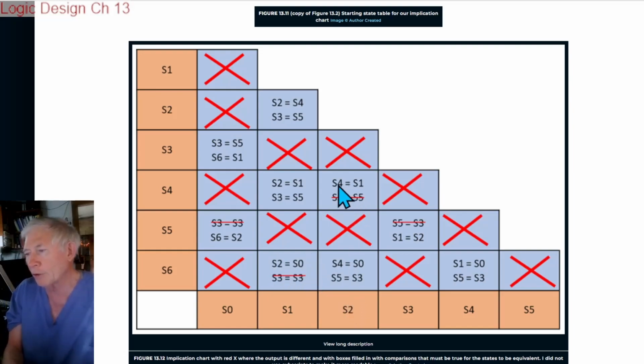And then we can check 4 and S1. So 4 and 1 is possible. What about 4 and 0? Here's 0, here's 4. Not possible. So this square gets crossed out. How about 1 and 2? Possible. Yeah, 1 and 2, possible. How about 1 and 0? 1 and 0, not possible, so we cross this square out.